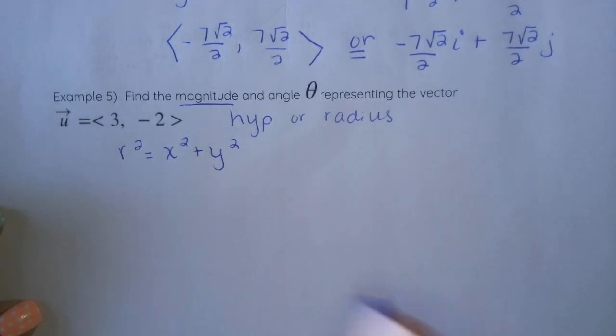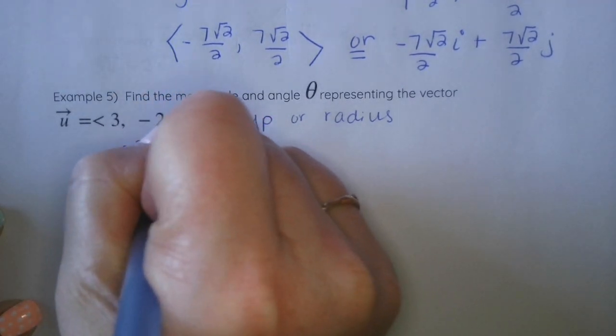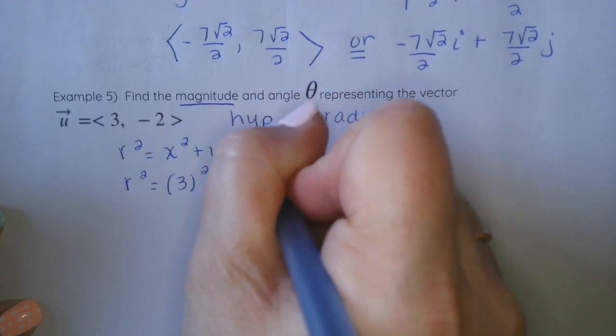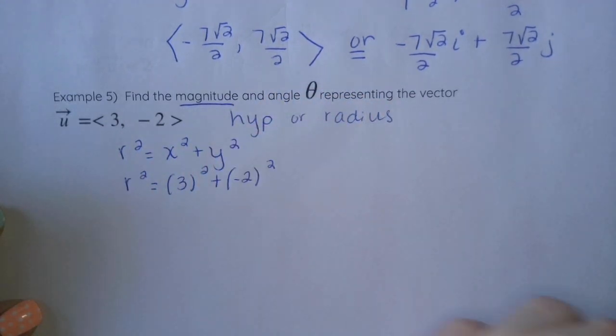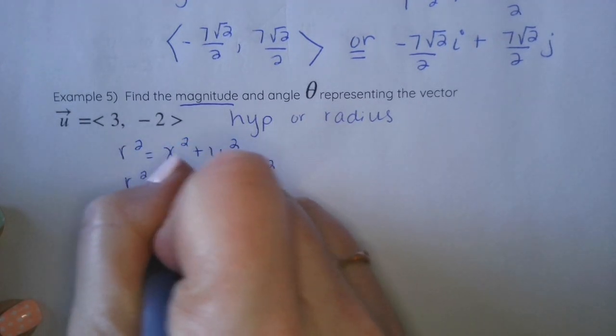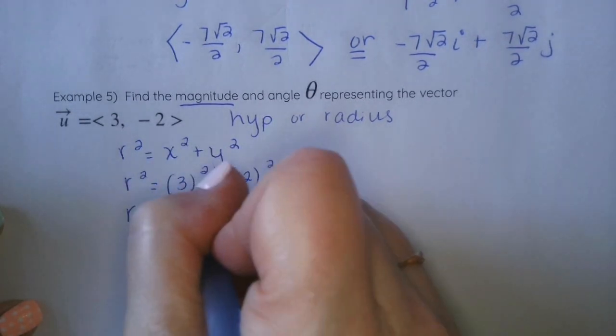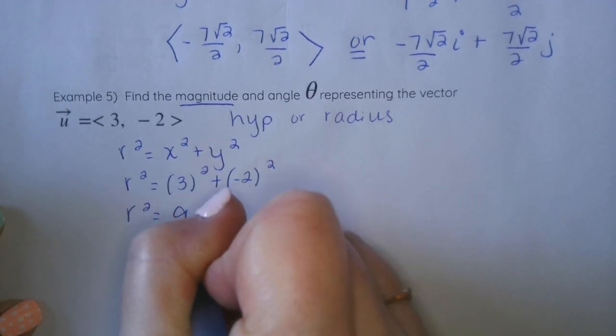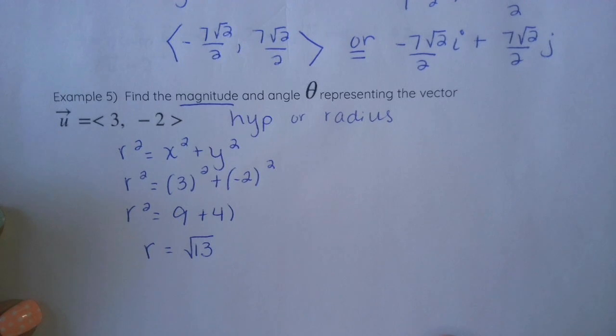From the component form, I can say that radius squared is 3 squared plus negative 2 squared, or r squared is 9 plus 4, where r is the square root of 13. I'm only given x and y. I don't know what theta is yet.